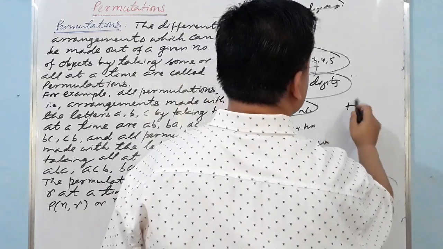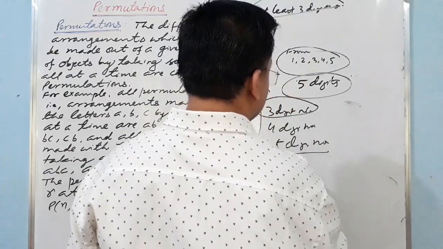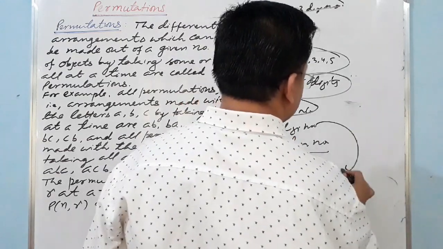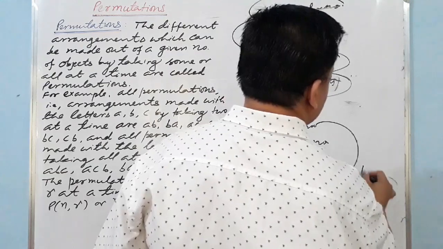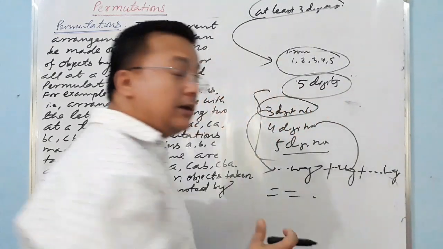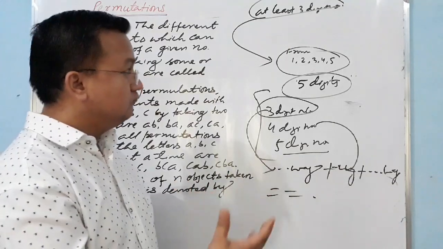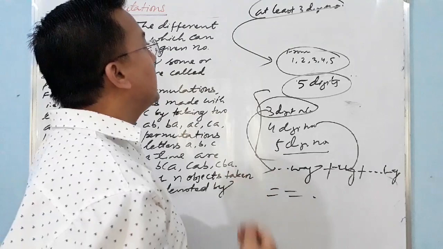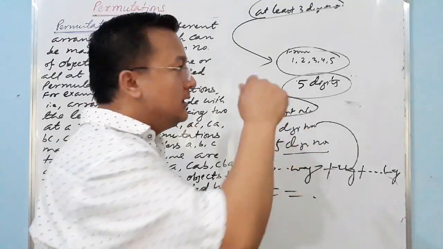Number of ways plus number of ways plus number of ways, and that will give you the total number of ways in which we can make at least three-digit numbers from the given digits.